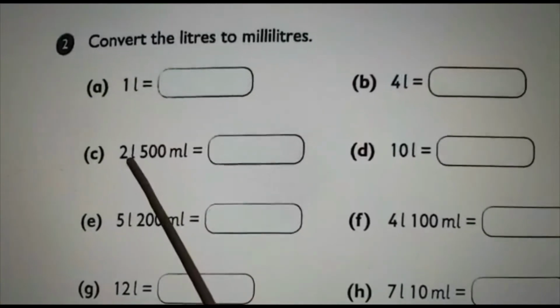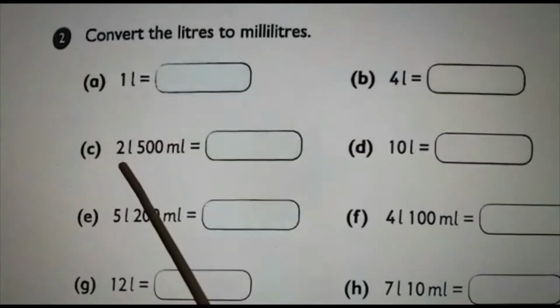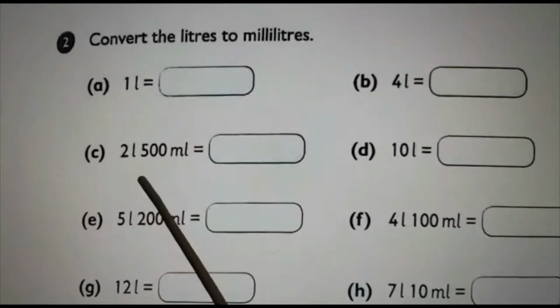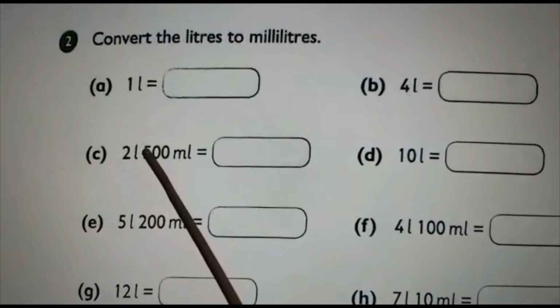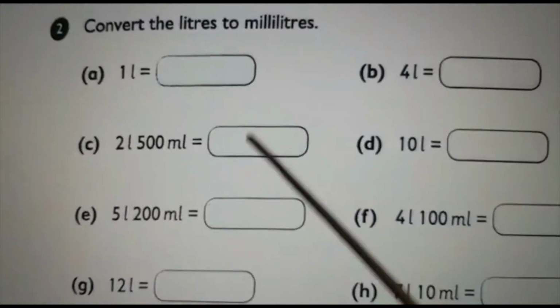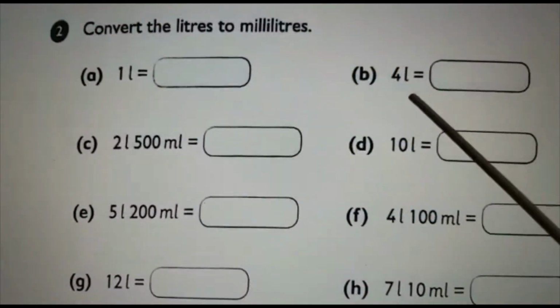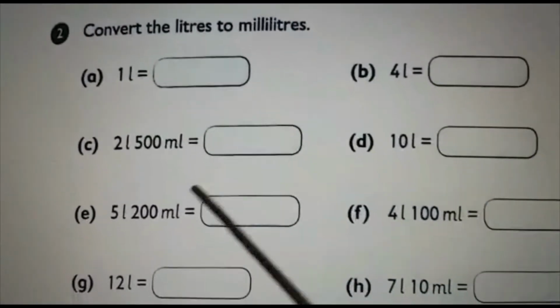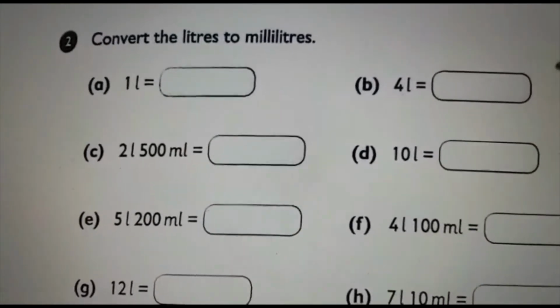So we need to convert only 2 liters. 2 liters means how many milliliters? 2 multiply 1000. That is equal to 2000 milliliters. So this becomes 2000 milliliter plus 500 milliliter. So what will be the answer? 2500 milliliter. Okay. Actually this big to small conversion is very easy compared to the other one. Is it? So same way, if liter and milliliter are given, you just see the question.